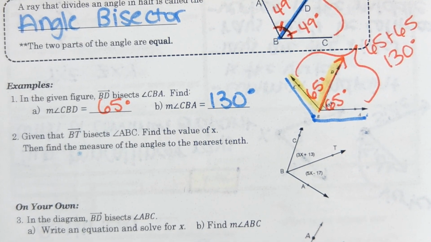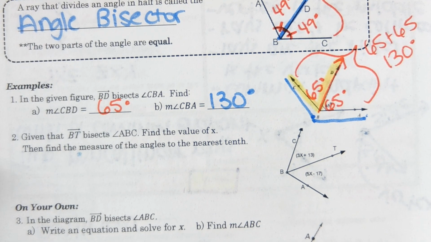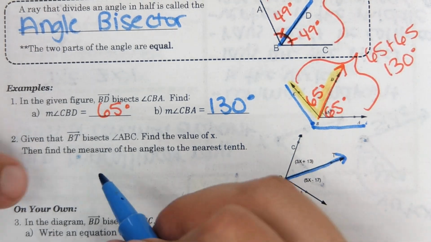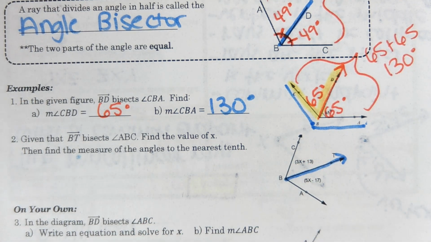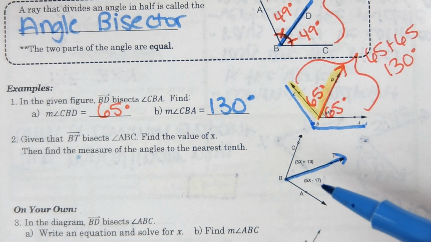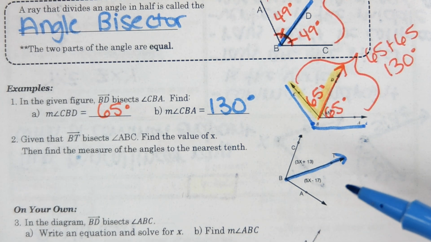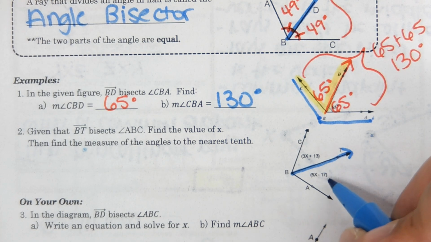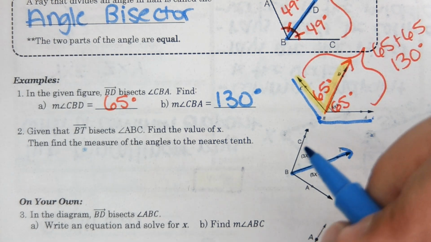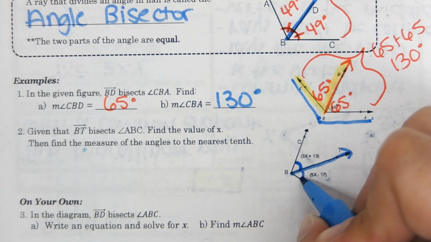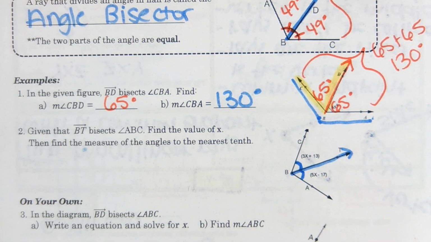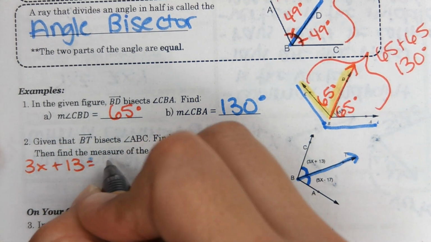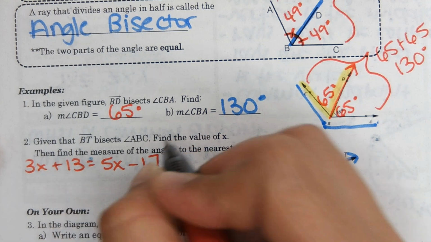Okay, and then continuing with that concept, it says BT bisects the angle, find the value of x, and find the measure of the angles to the nearest tenth. So here is a level 3 skill as outlined by the Florida EOC guidelines. It says the level 3 skill on the EOC is to solve expressions in regards to this concept. So in order to find x, since that's an angle bisector, we set these equal and solve for x. 3x plus 13 equals 5x minus 17.